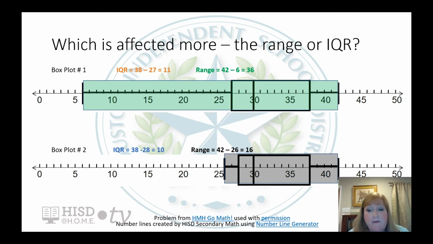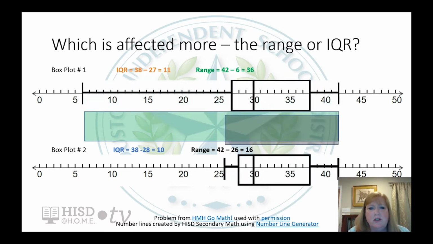That's a difference of 36. For box plot 2, the range is from 42 to 26, and that difference is only 16. So when the question is asked, which is affected more, the range or the interquartile range by the outlier, it's clear. The range gets impacted way more than the IQR. Remember that the IQRs didn't differ very much, but here the ranges are very different.